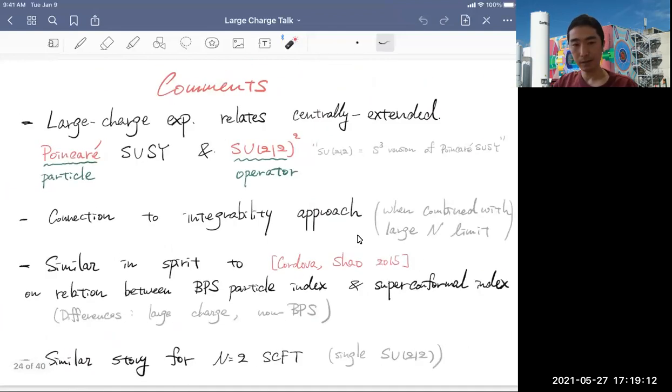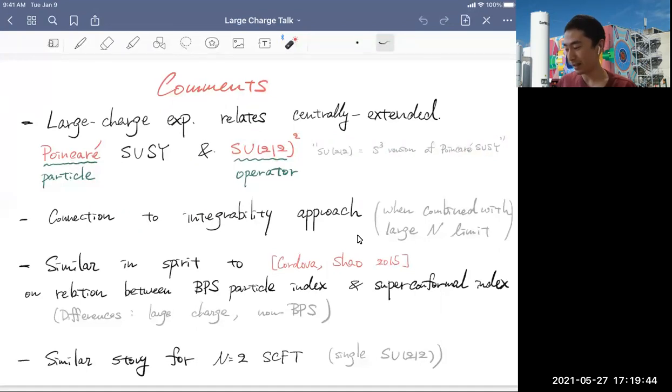Okay, so let me just make several comments. The nice thing about this large charge expansion is that it relates the centrally extended Poincaré SU(2|2), which classifies particles in flat space, and the centrally extended SU(2|2)², which classifies operators. In some sense, the centrally extended SU(2|2) is the S³ version of the centrally extended Poincaré SU(2|2).